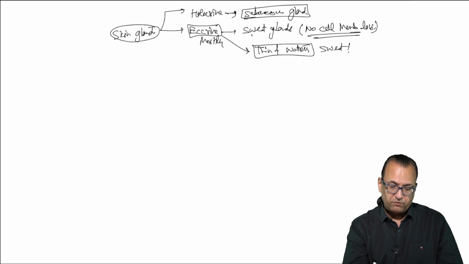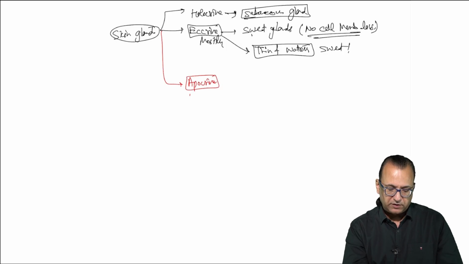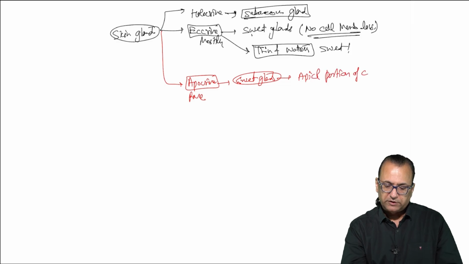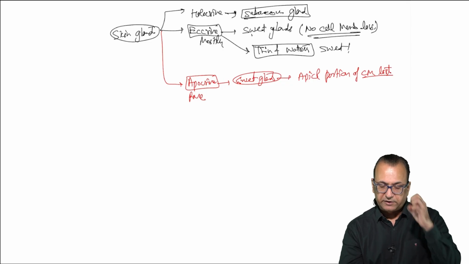And when you talk about the third one, it is the apocrine. Apocrine sweat glands are rare, and as the name suggests, the apical portion of cell membrane is lost. Cell membrane is lost, and it is covering the secretions basically.